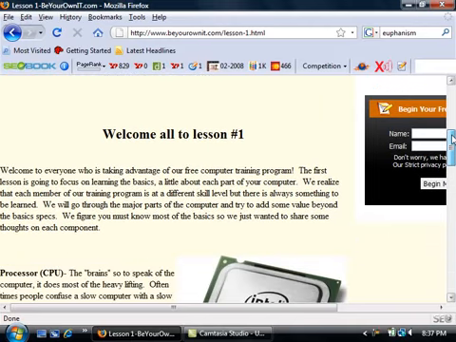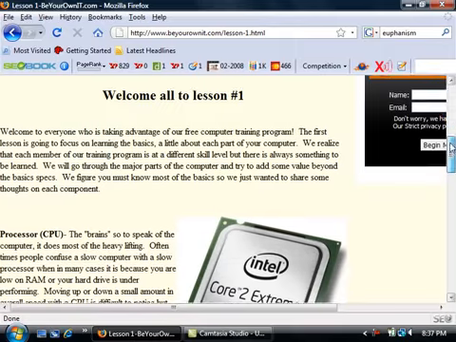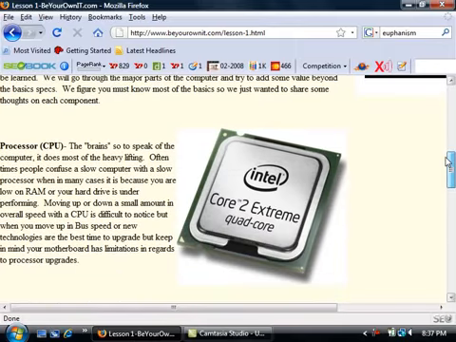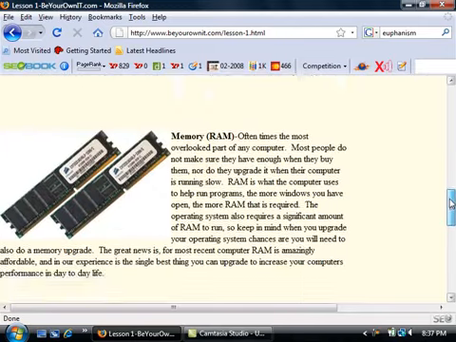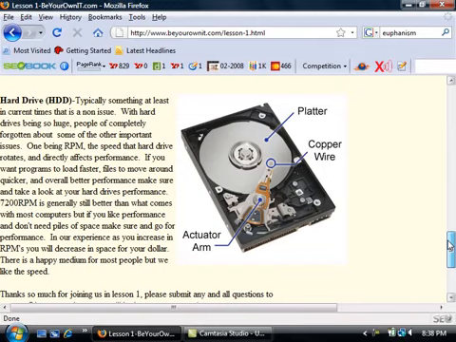So as your quote-unquote teacher or professor perhaps, I just want to give you a little bit of extra knowledge about this first lesson. We talk about the computer basics, what they are, and the important things. Basically that comes down to processor, memory or RAM, and a hard drive.